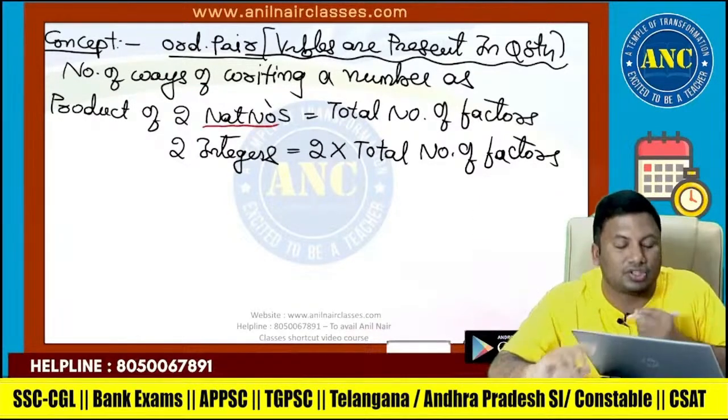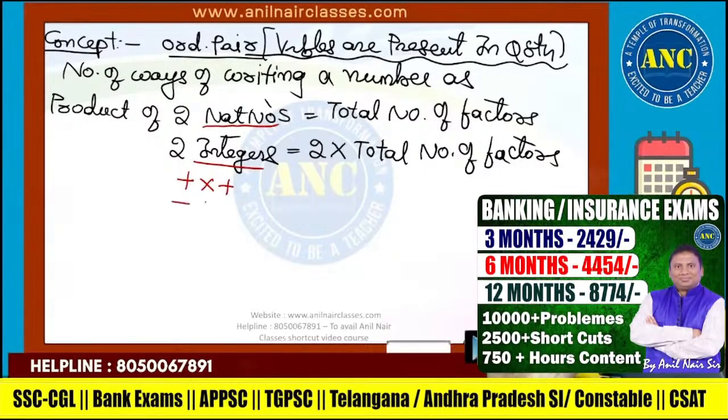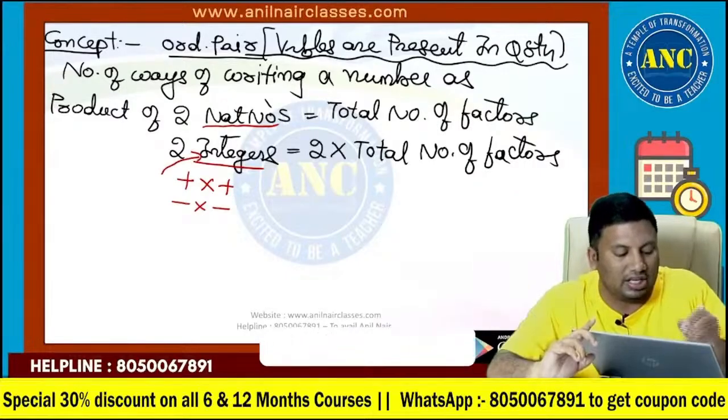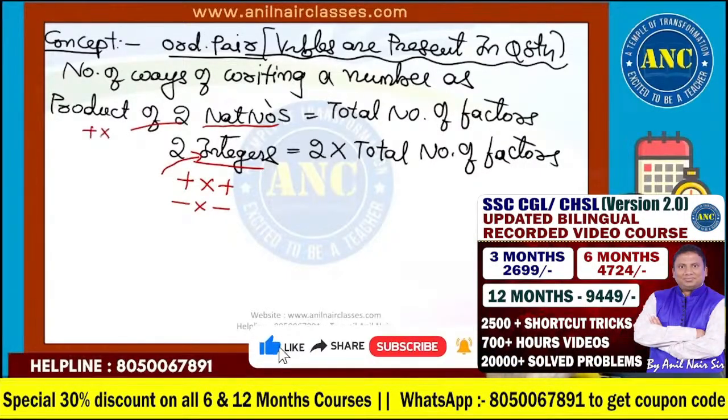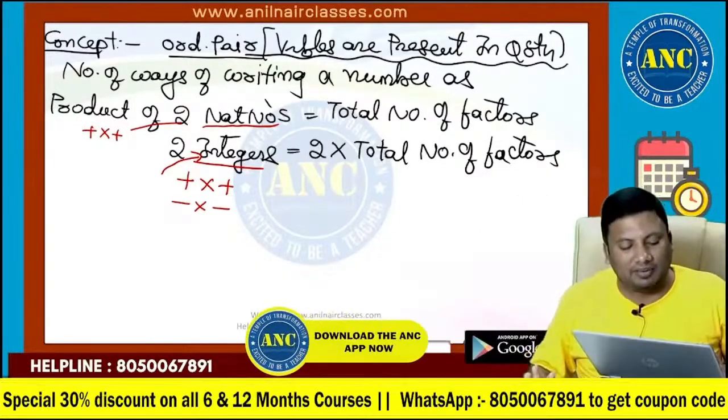This is natural numbers, this is integers. That means plus into plus is plus, minus into minus is also plus. So, these are for integers. For natural numbers, plus into plus is only plus. Extremely important. Definitely you will get one question from the next 15 minutes, whatever I am discussing.